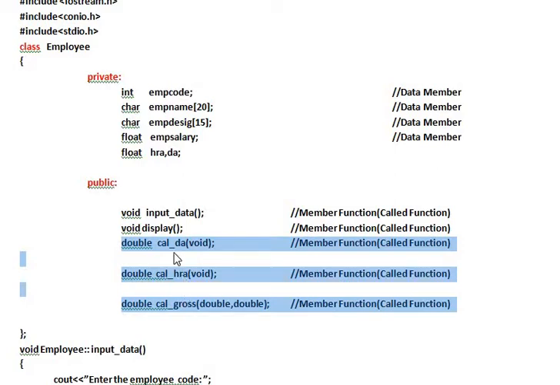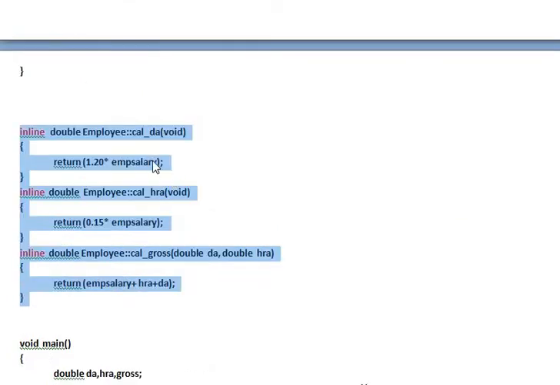Because the function bodies of these functions cal_da, cal_hra and cal_gross, which describe the implementation part, are not present here. Instead, the implementation details of each of these functions are defined outside of the class with the help of this scope resolution operator, as denoted by double colon.